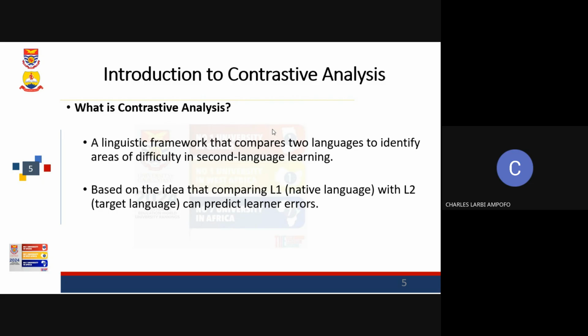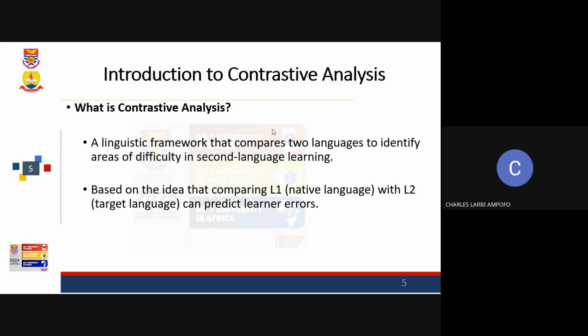I think it will be hard because in our classroom situations in Ghana, because of the nature of our geography and all that, you may have someone who is a Fanti, somebody who is an Ewe, someone who is an Akuapem, who is a Ga, and all that. So you have varied language speakers with different L1s.